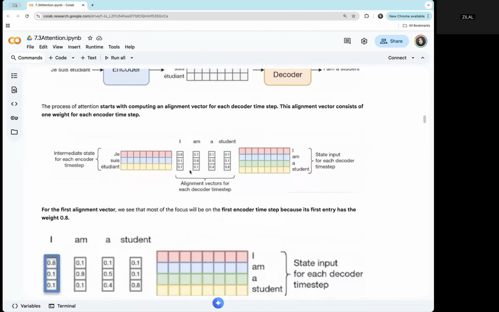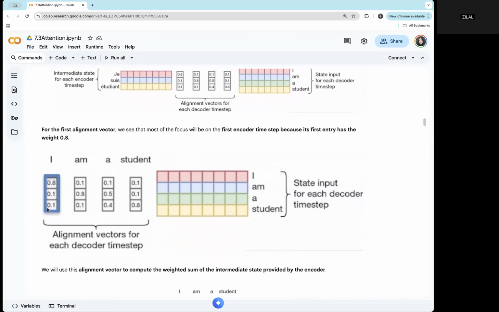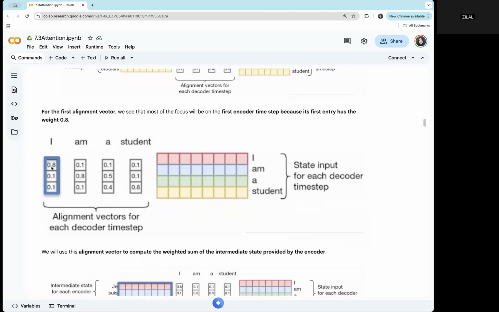The process of attention starts with computing an alignment vector for each decoder time step. This alignment vector consists of one weight for each encoder time step. For the first alignment vector, we see that most of the focus will be on the first encoder time step, because its first entry has the weight 0.8, which is the largest value.